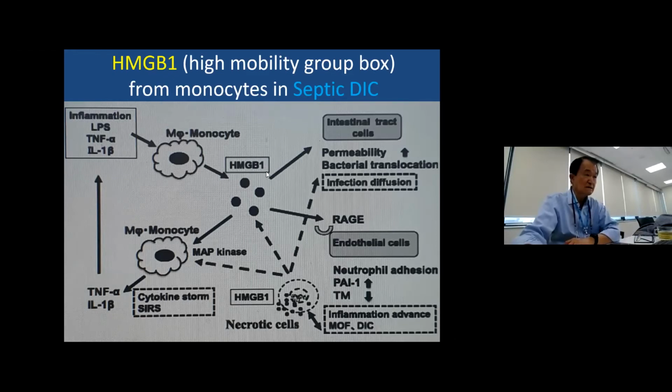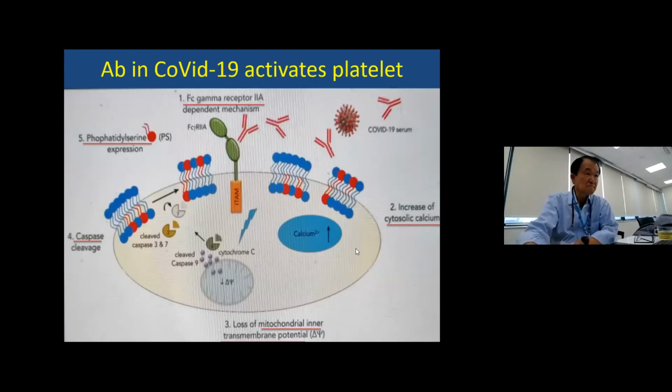There's inflammation and some cytokines, all those things. This gene hits the intestinal tract or endothelial cells or whatever, so the patient develops disseminated intravascular thrombosis.